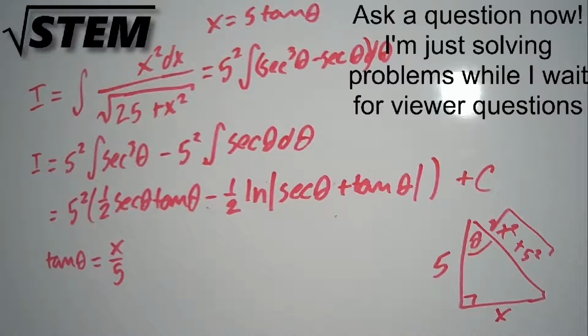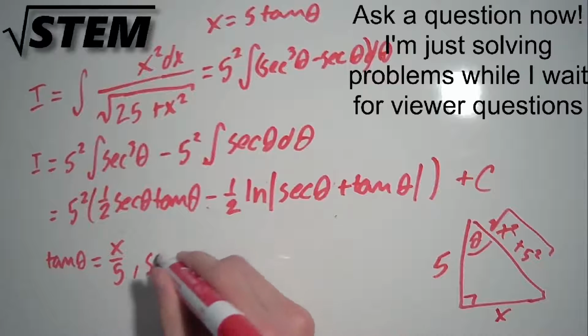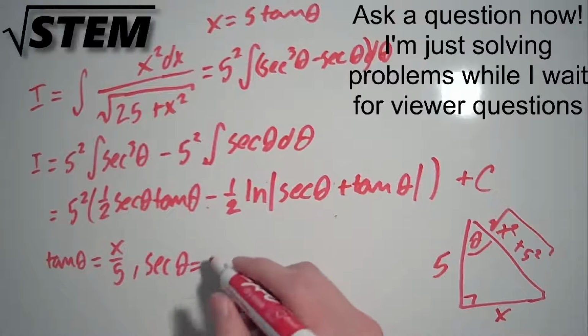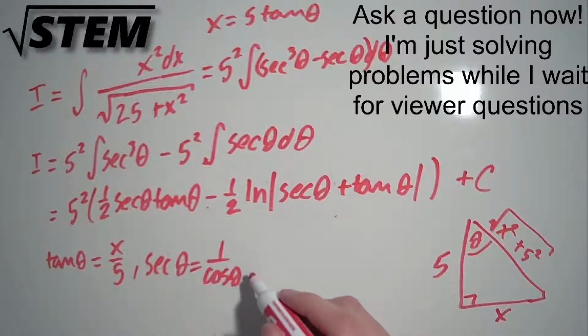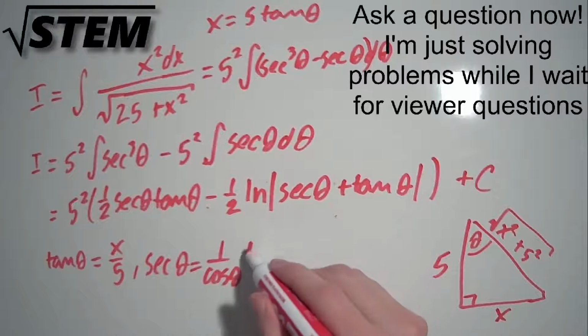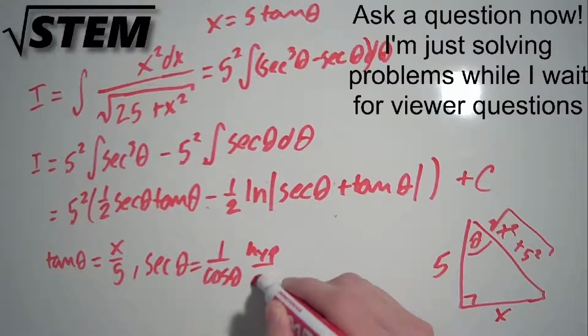So the secant of theta is 1 over the cosine. Cosine is adjacent over hypotenuse, so secant would be hypotenuse over adjacent.